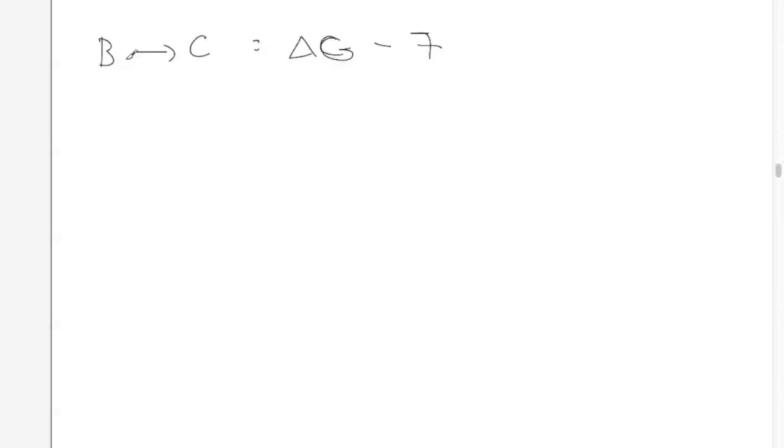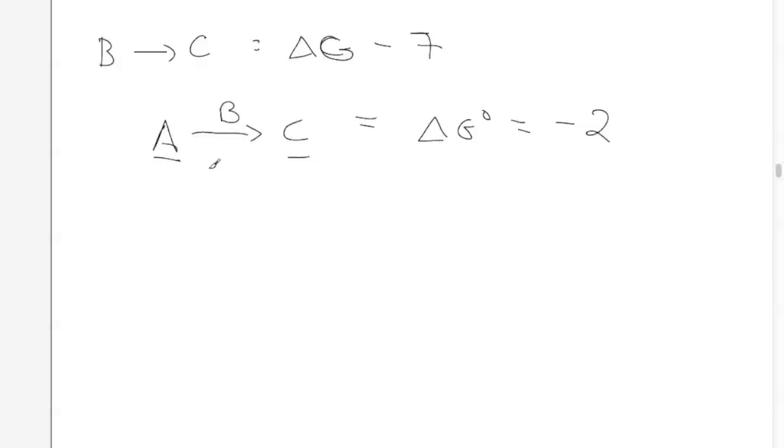So the conversion of B to C is more favorable than the conversion of A to B. Okay, so coupling the conversion of B to C to the reaction of A to B actually makes an overall reaction, A to C, with a delta G naught of minus 2. So that means that now we can turn A into C by way of B, and make this now a favorable reaction.